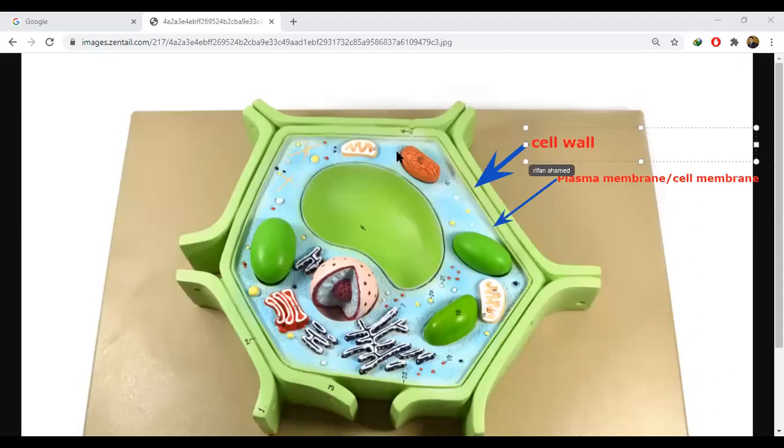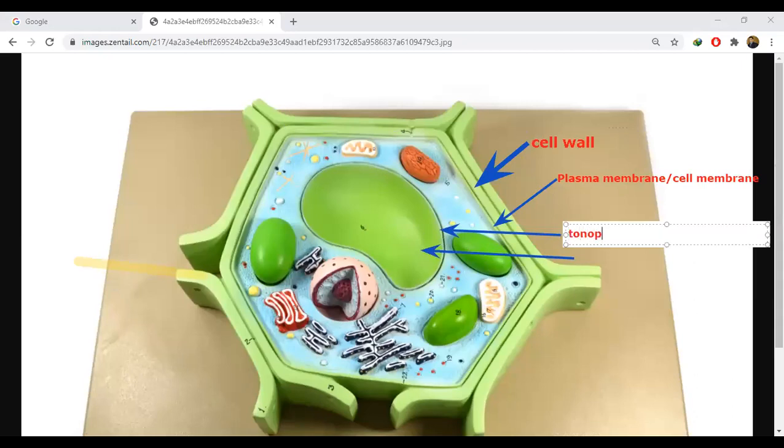Right. Third one. This component and this component. This component is a membrane called tonoplast.